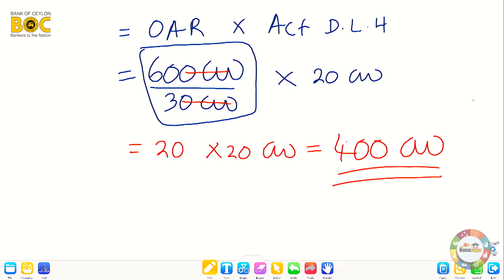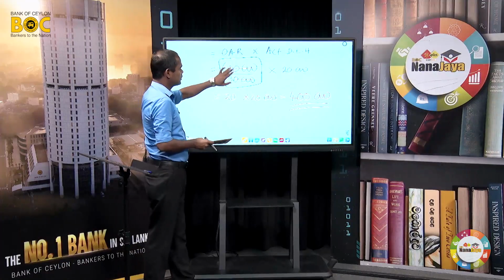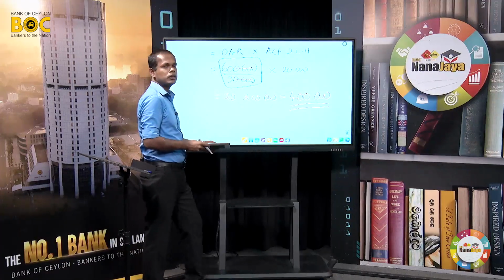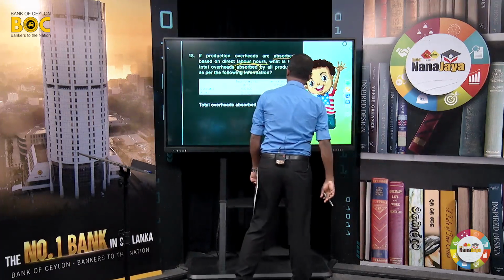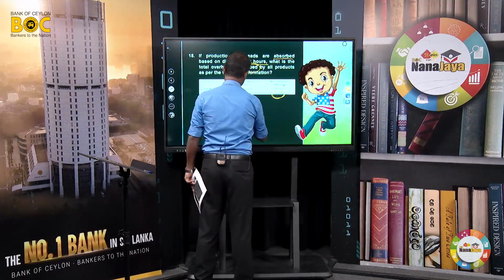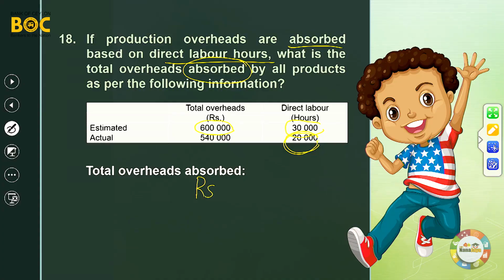The total overhead absorbed, the absorption rate into actual direct labor hours, is 400,000 rupees.